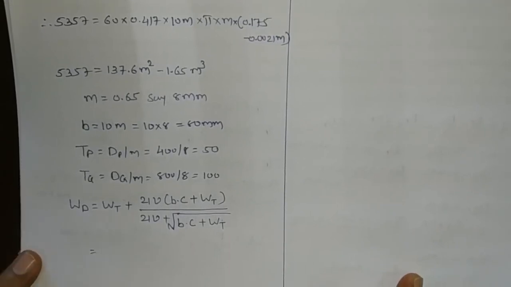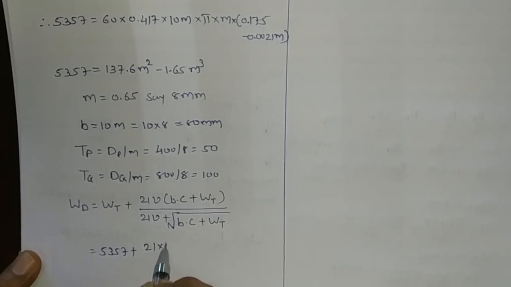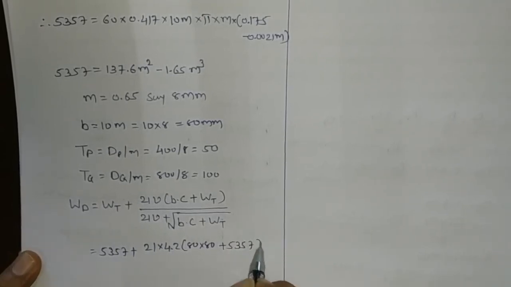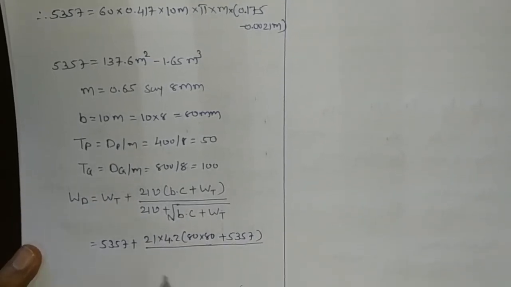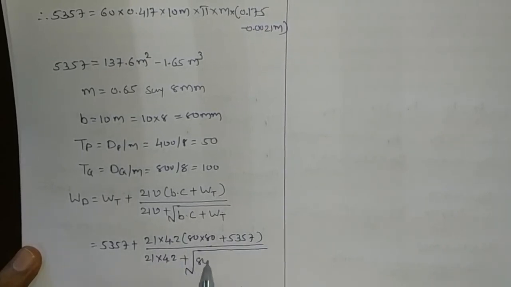WT is equal to 5357 plus 21 into 4.2 into (B is equal to 80, into 80 C plus 5357) divided by 21 into 4.2 plus root of (B is equal to 80, into 80 plus 5357).